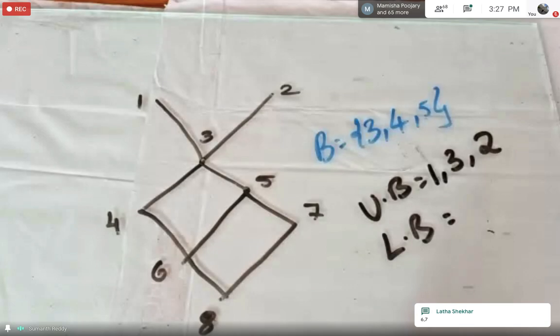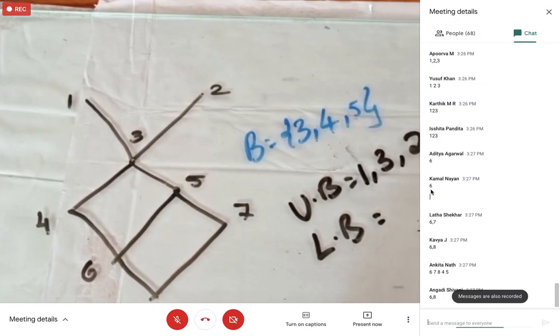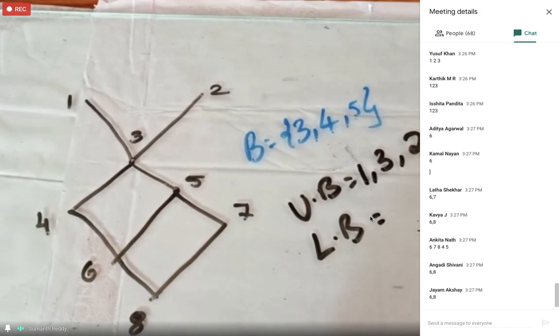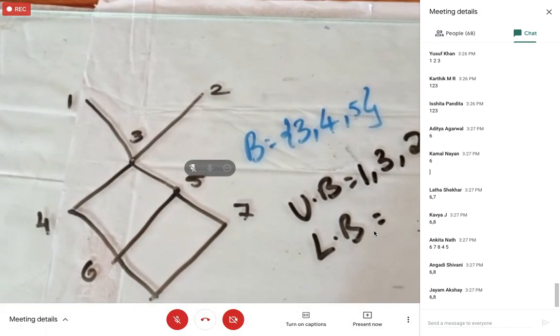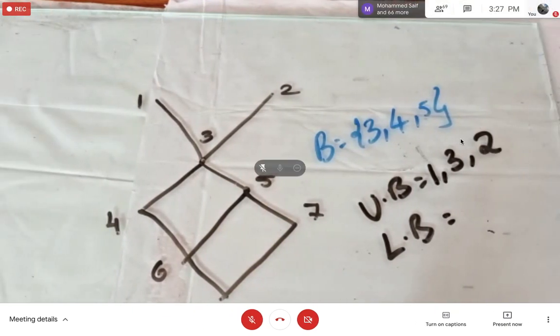Is that the only number? 6 and 7. No, it is wrong. 6 and 8. Okay, Ankita, 6, 7, 8. Okay, so you have mentioned all the numbers. Okay, so 6 and 8 is the correct answer.